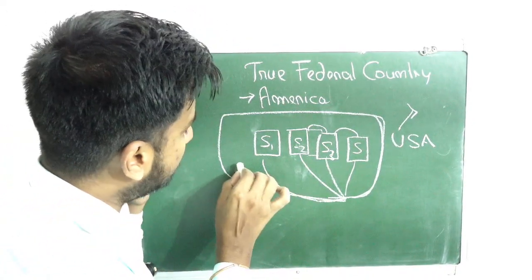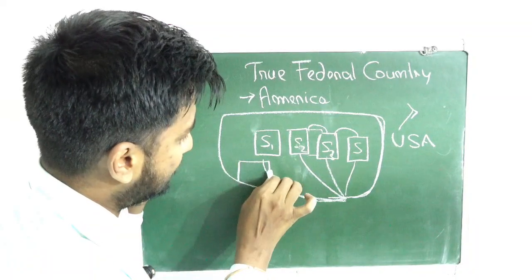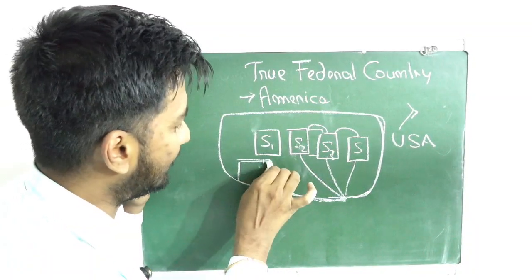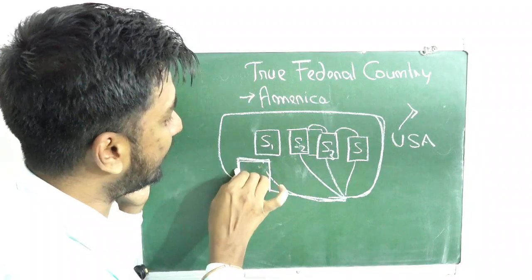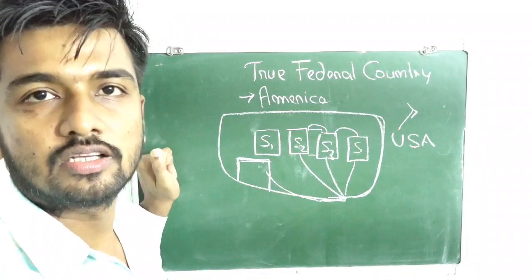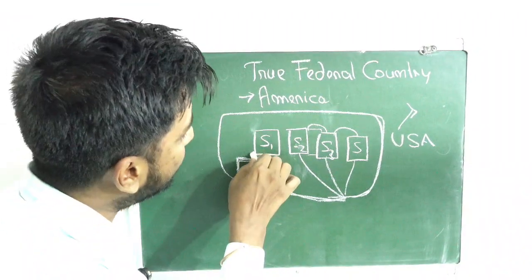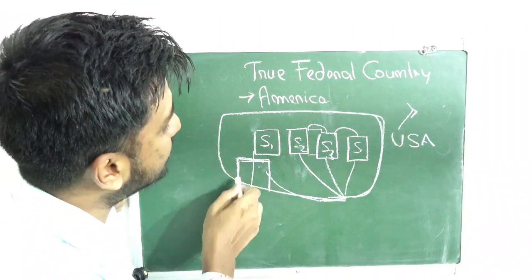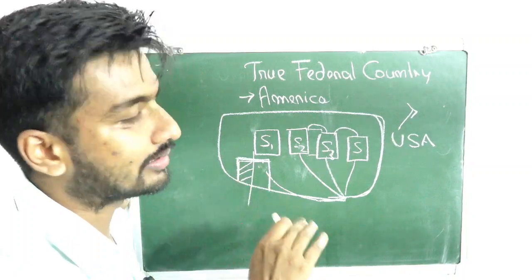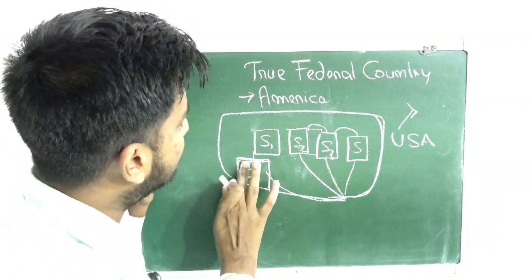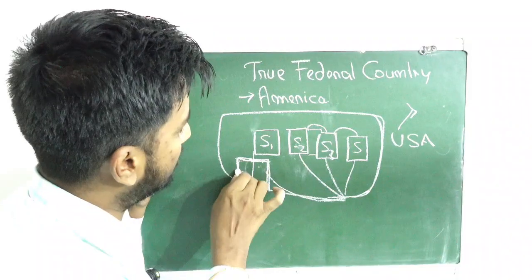And suppose this is a state, Texas, which is a state of America. The government of America cannot divide Texas into two parts and name one part as another state, because they have their own individuality.